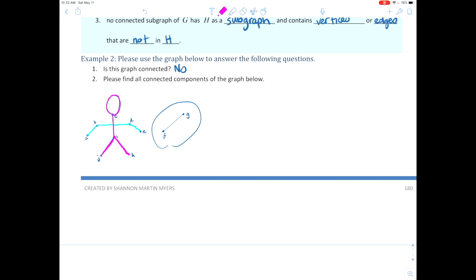But anyway, long story short, these parts of the graph, the different colors, are not connected.